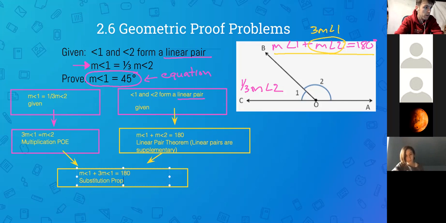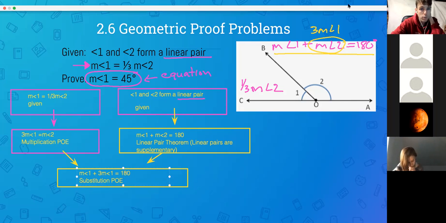Substitution property of equality. Again, I'm replacing angle 2 with 3 times the measure of angle 1. This now gives me an equation that only has angle 1 in it, so I can solve for the specific measure. That's why I'm doing it that way.